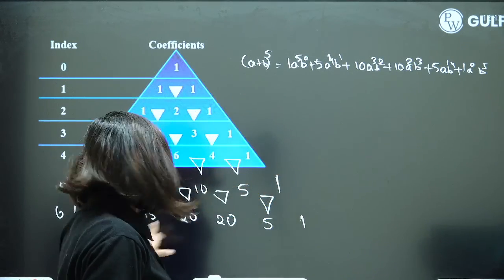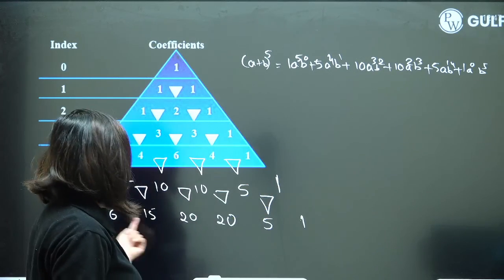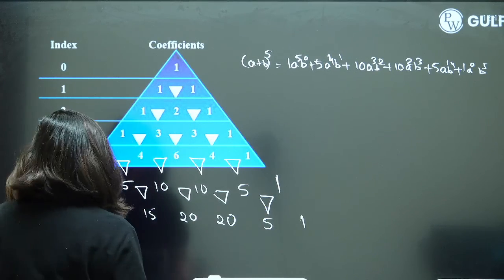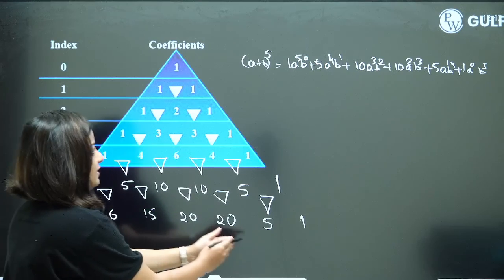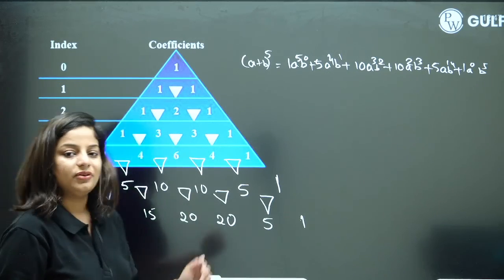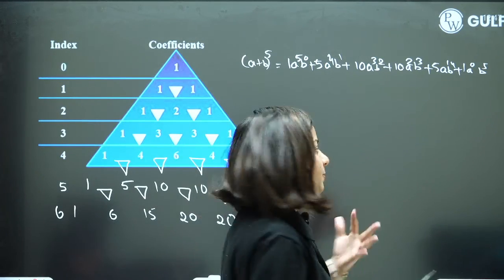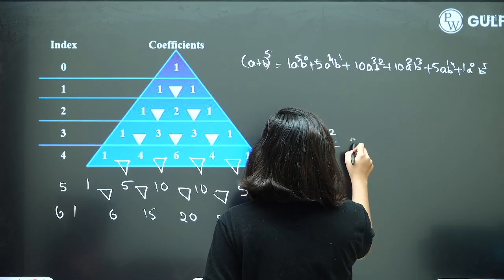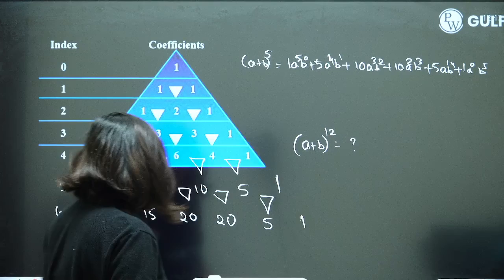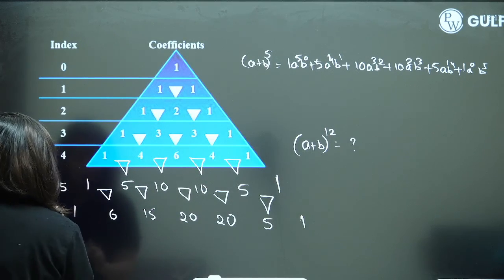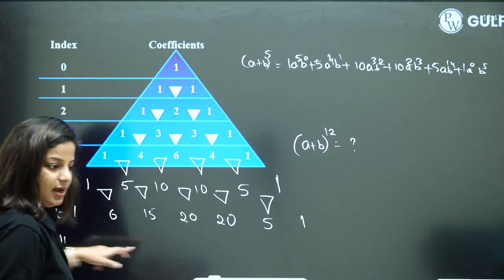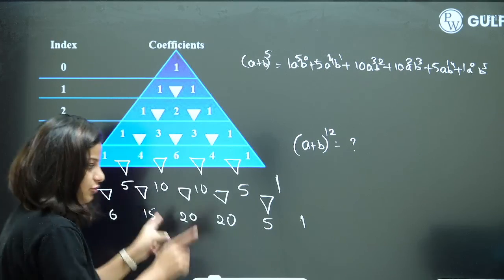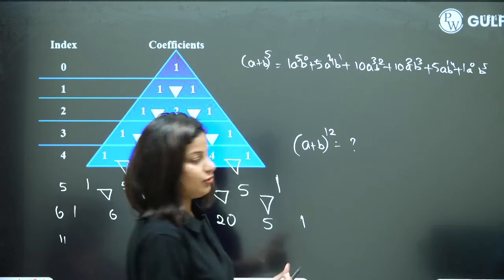If you want the formula for (a plus b) the whole raised to 6, write down the coefficients and keep on decreasing the power of a, increasing the power of b. Now if I want the formula for (a plus b) raised to 12, I should know the row of 11. I should know the coefficients of 11, so I can add and get the coefficients of 12.